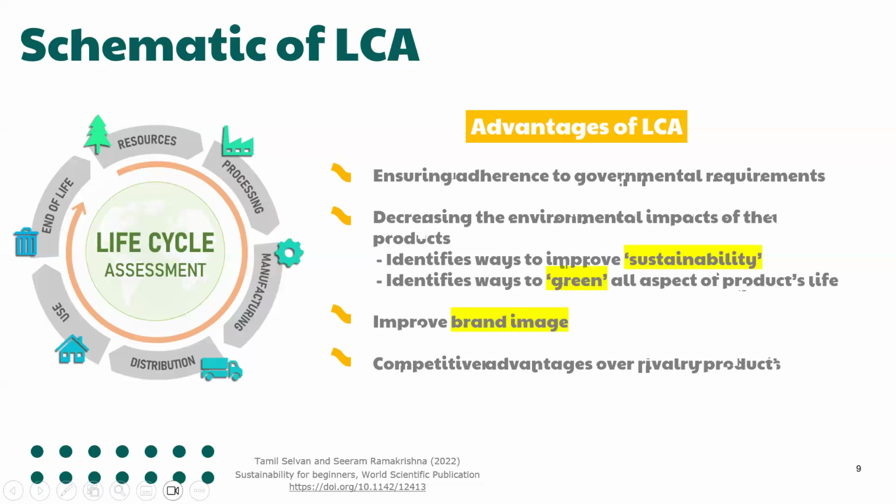So moving forward, as seen on the left-hand side of the image, it's a schematic of life cycle assessment of various stages. And you can see here, it starts from resources and it goes on to processing, manufacturing, distribution, use phase, and end of life. And these are the different stages in your assessment.